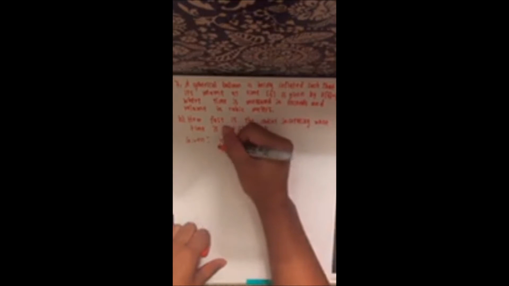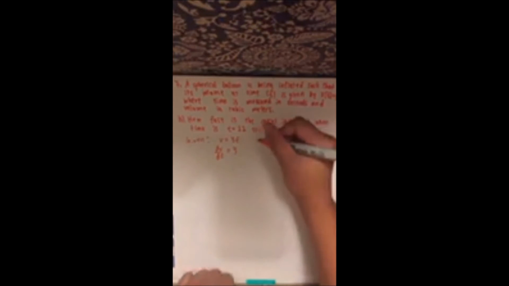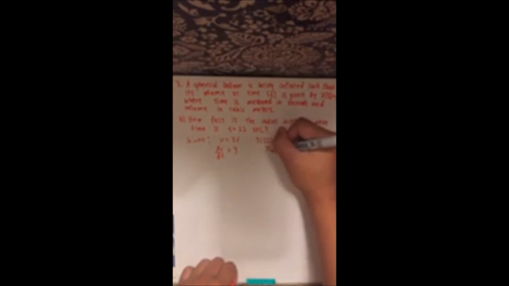And when you derive that, you get dV over dt equals 3. And we know that time is 12 seconds, so 3 times 12 equals 36. So 36 is the volume.